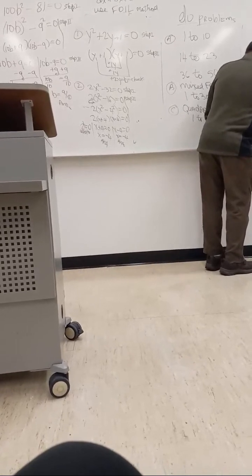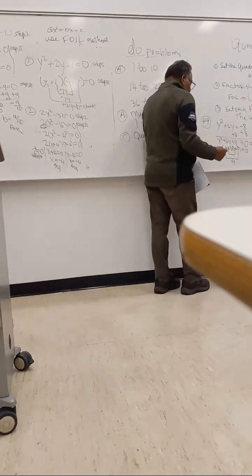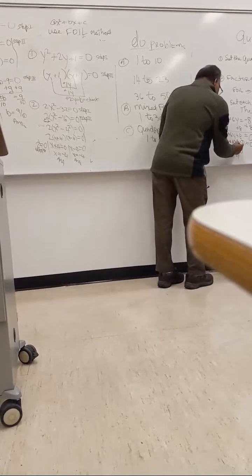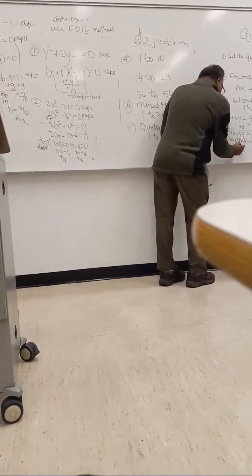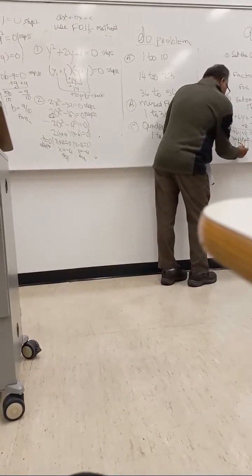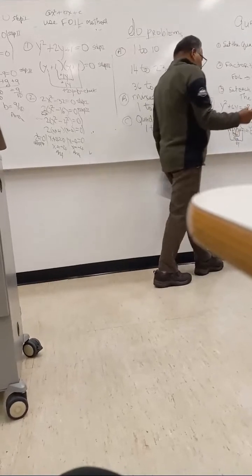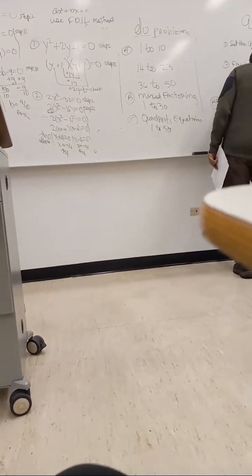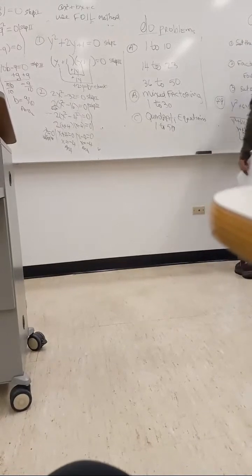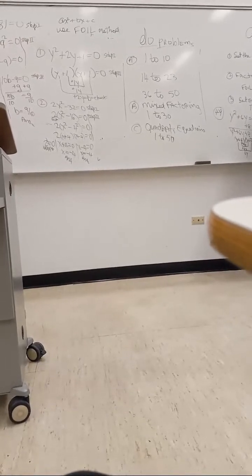So it's going to be 4y plus 2y. When you add it up, you get 6y. So we got it. That's step 2. Step 3, set each factor to 0.